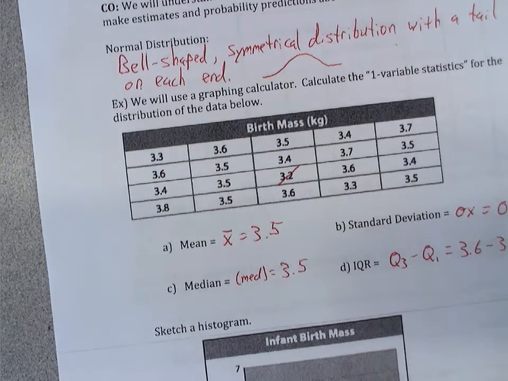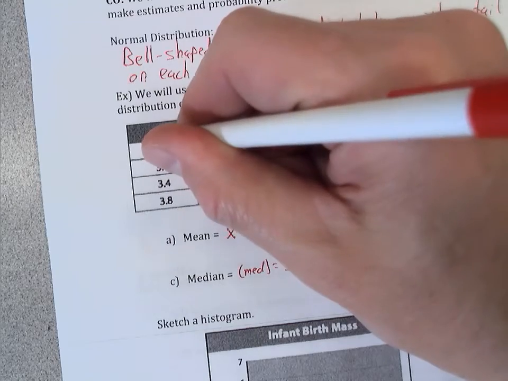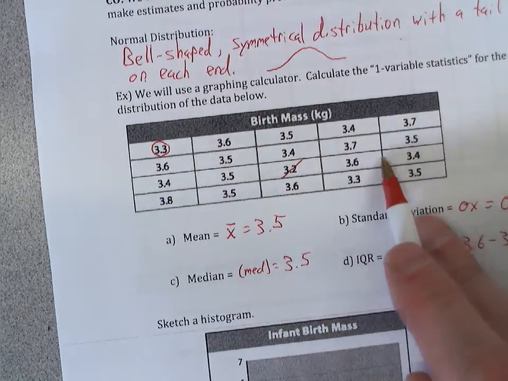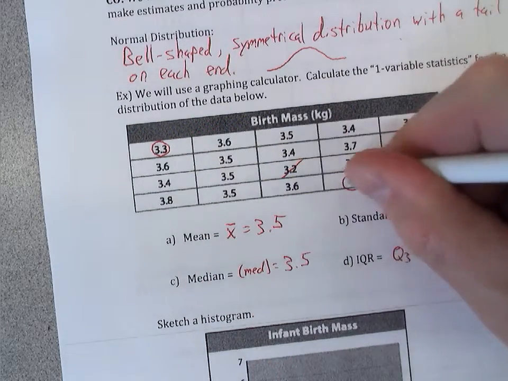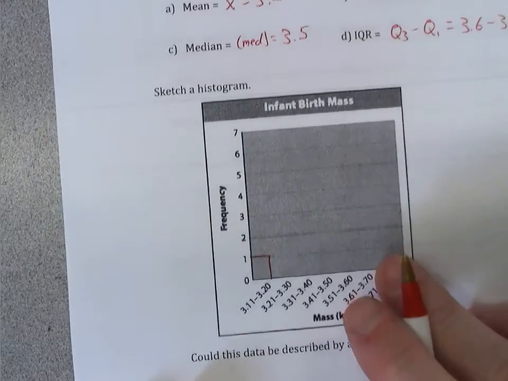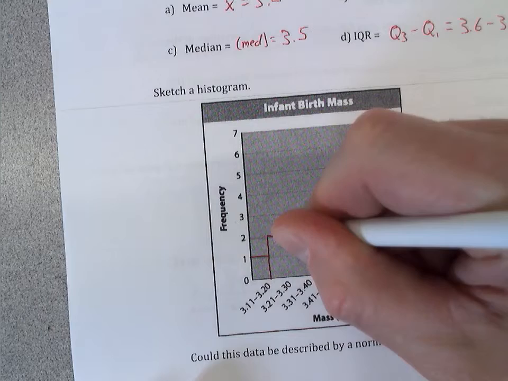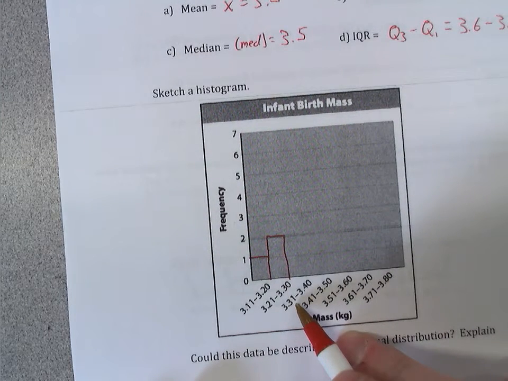My next set of data, 3.21 to 3.3. Back up in my data there's 1, and as I scan across, there we go, there's a second. So there are 2 in that range. Go up to 2.